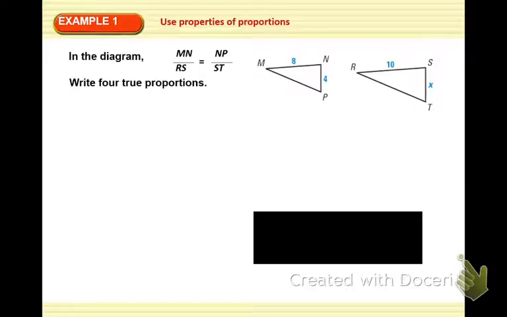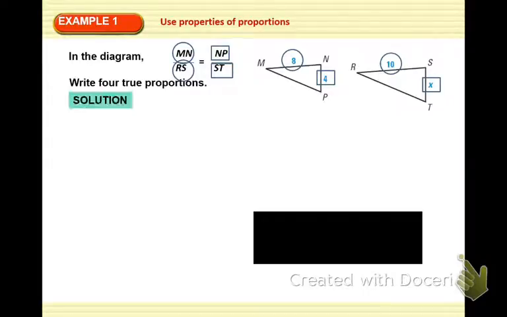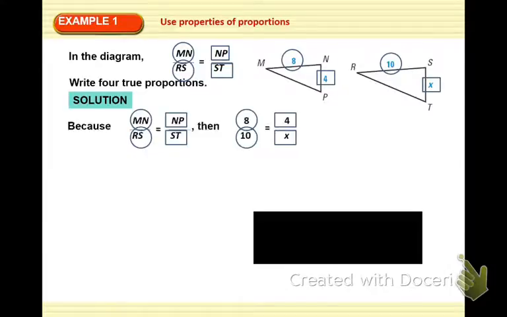So they've got circles around the first ratio and squares around the second. To write 4 true proportions, we could plug in for MN and RS and NP and ST, we get 8 over 10 is equal to 4 over x. That's one proportion we could write from this.